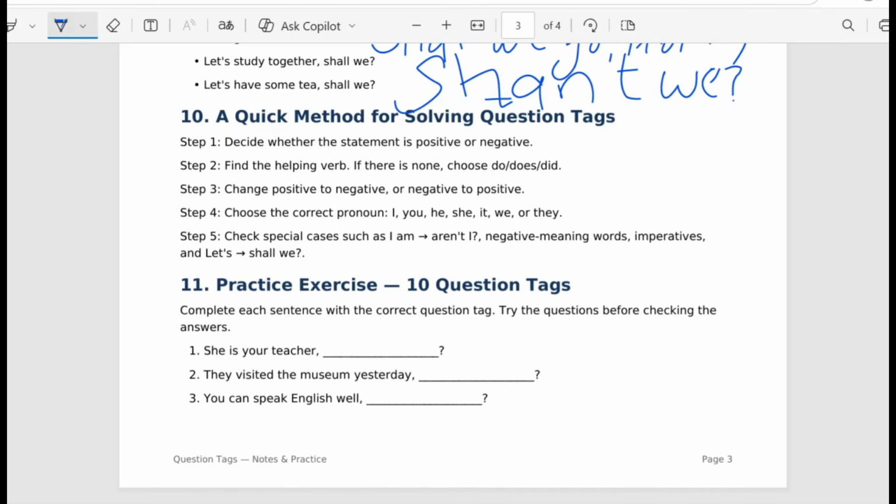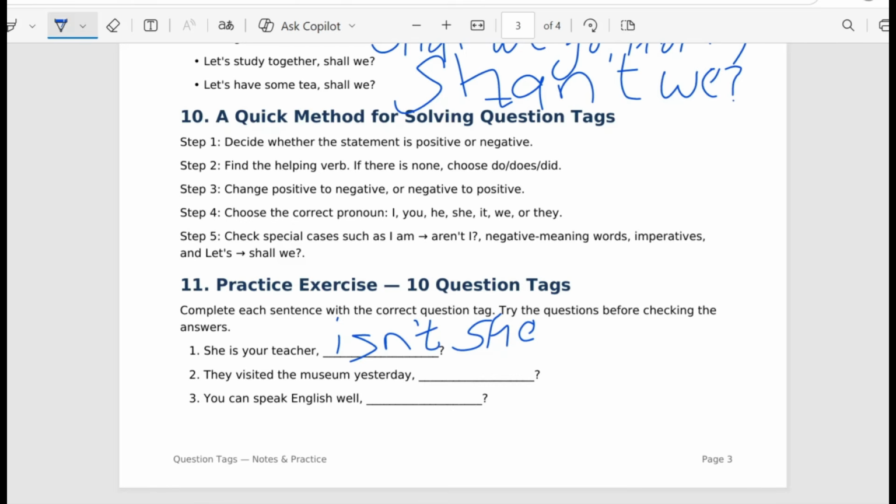The first one, she is your teacher. The correct form is going to be isn't she? They visited the museum yesterday. Remember this one is where there is no helping verb. You are supposed to use either do, does, or did.